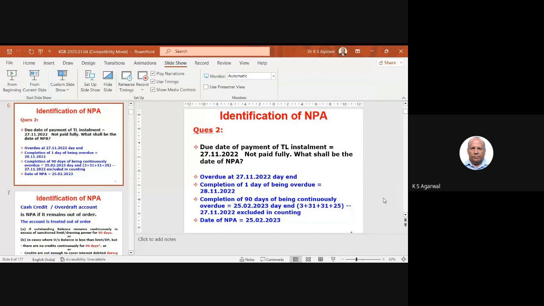So when will it complete 90 days? November 28, 29, 30, 3 days, December 31, January 31, February 25. So on 25th February, it will complete 90 days. So when day end is run on 25th February, this account will be categorized as NPA.